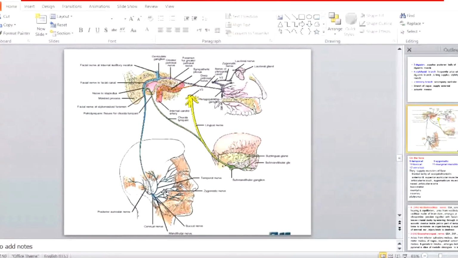Again, sometimes severe infection of the parotid gland might lead to pressure on the nerve. Depending on which branch is affected, there will be paralysis of those muscles.